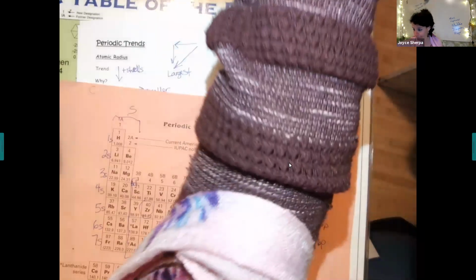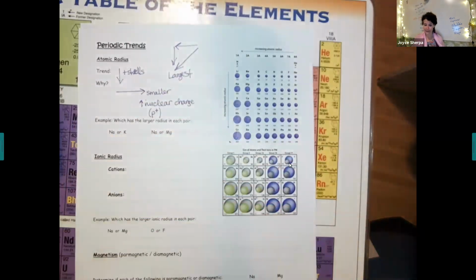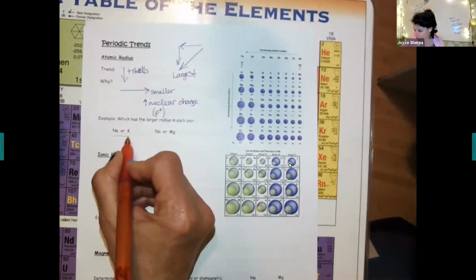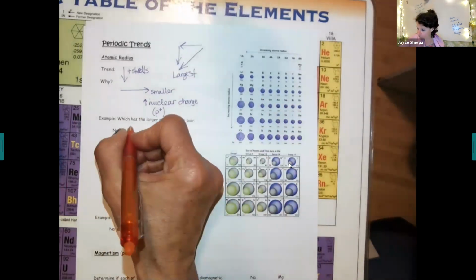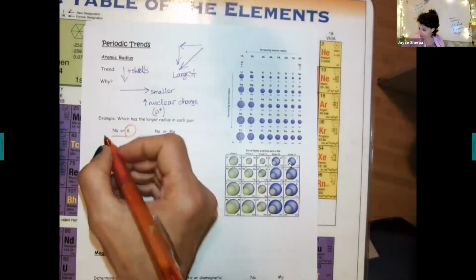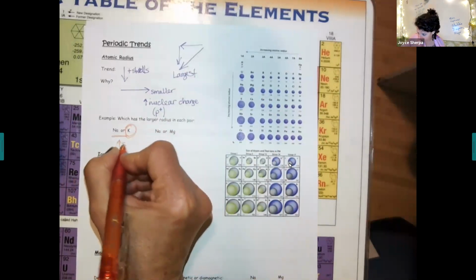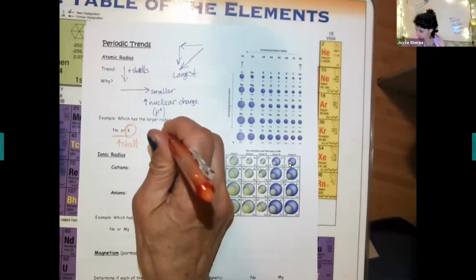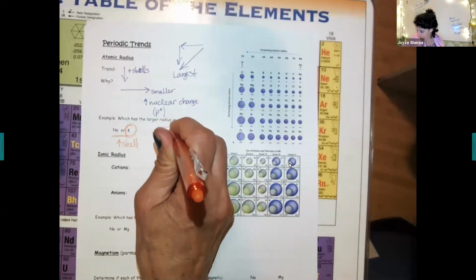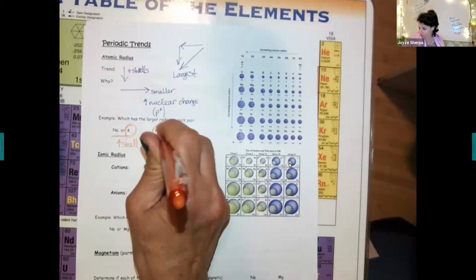All right, so then the question is just comparing them. This trend we keep coming back to because it ends up being part of our answer to a lot of the other ones. If you're comparing sodium and potassium, they're in the same family, the one that's lower down, and you would just say higher shell. If we're comparing sodium and magnesium, we're going across the periodic table, so sodium's the larger one.